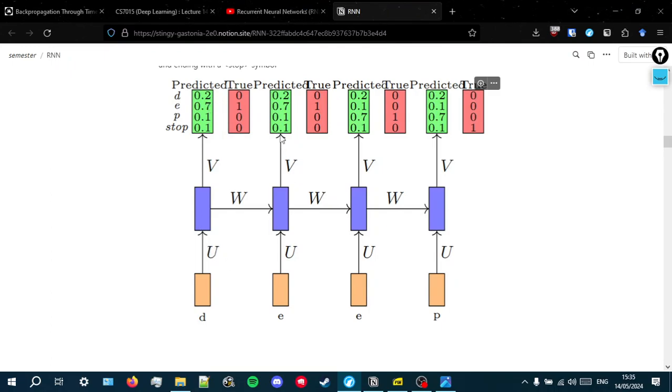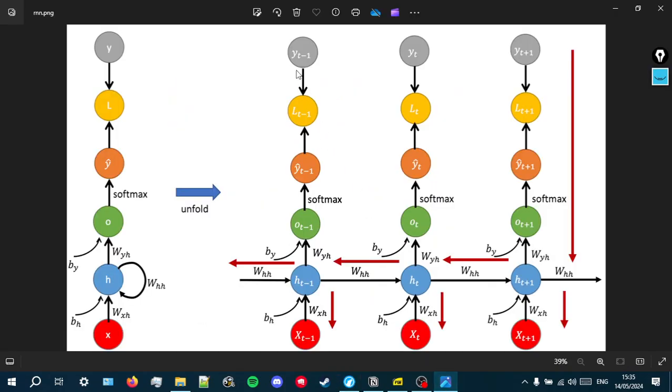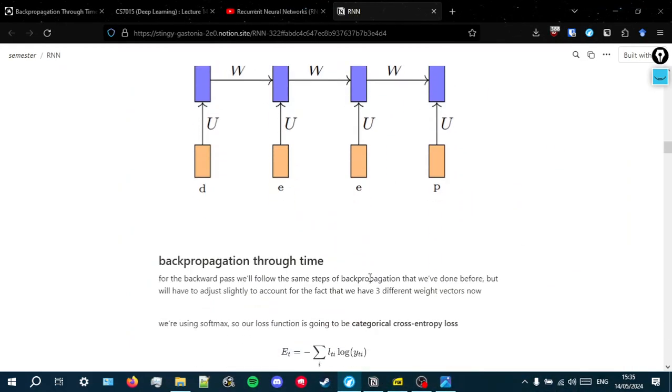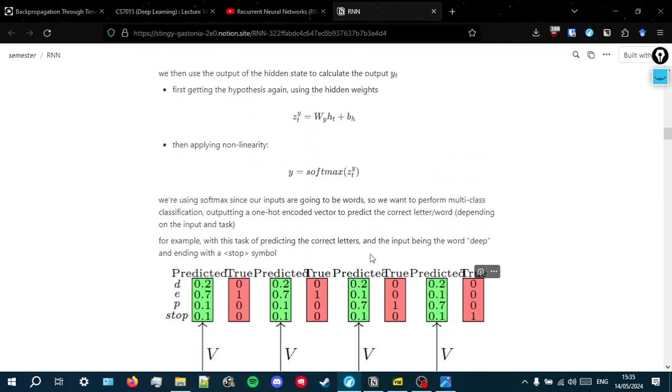We're trying to predict each single letter in every word. So at every time step, we're going to have a separate output. And this will be apparent as we go through the backpropagation as well. But we are no longer going to have one single output. We're going to have an output for each time step. So there's an output here, here, and here. Which also means there's a loss, or an error, here, here, and here. But we'll look through that in the backpropagation part.